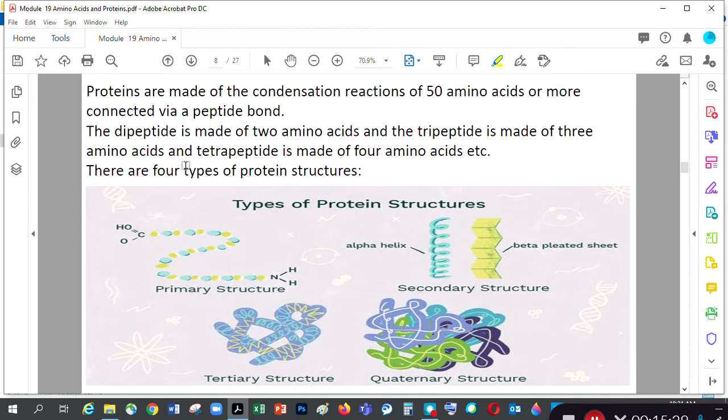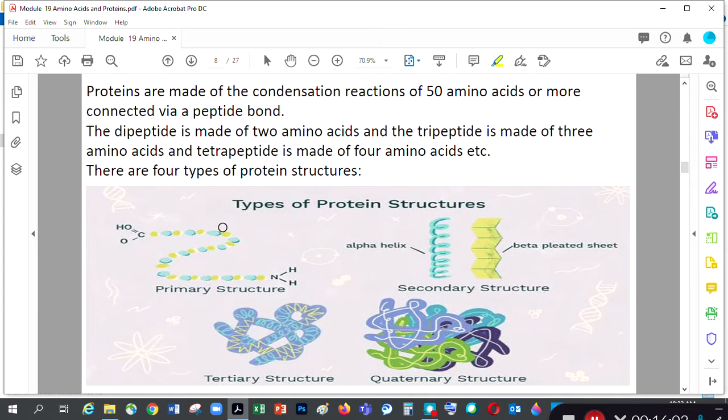Again, proteins are made by the condensation, or combination, of amino acids, making peptides. For a dipeptide we need two amino acids. If we have tripeptides, we need three amino acids. For hexapeptides, we need 6 amino acids, and so on.